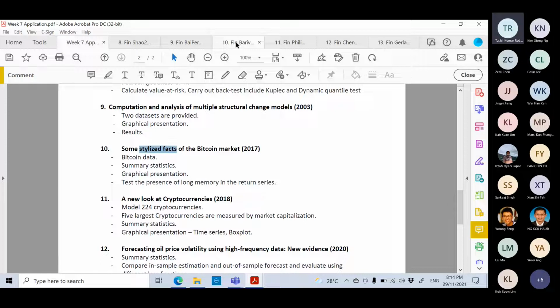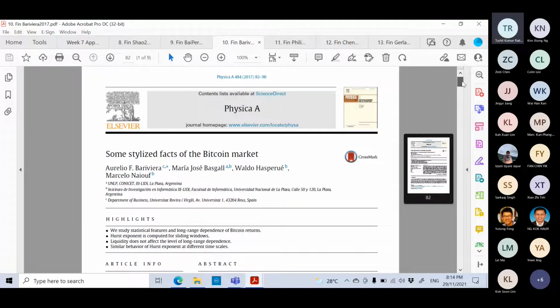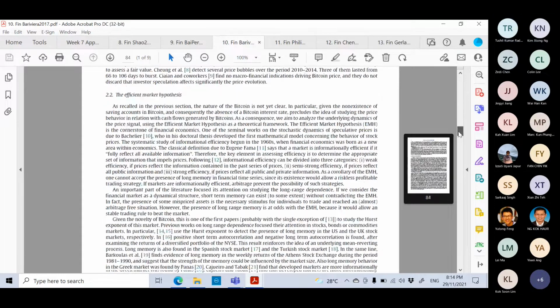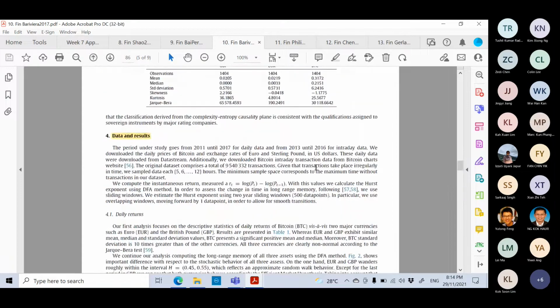This paper is basically on the starlight effect in Bitcoin. They published in the Physica A journal. They mention what the data is: the data set they obtained, which series, and the source of the data, they also write it there.